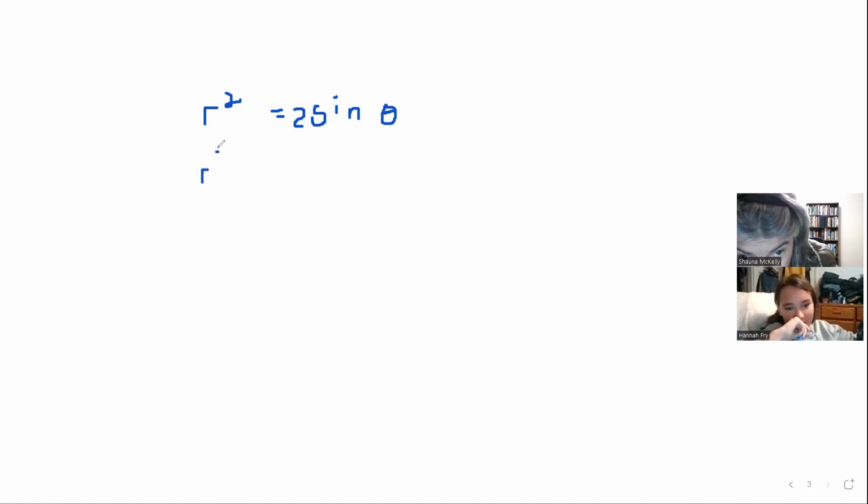Okay. R cubed. Well, at least I got one thing right. Unless this had an r in it already. Right. But I'm assuming that it didn't. So if you don't, you put an r over here. So this is 2r sine theta, right? Now, at this point, you remember you still do have a rectangular form for r.